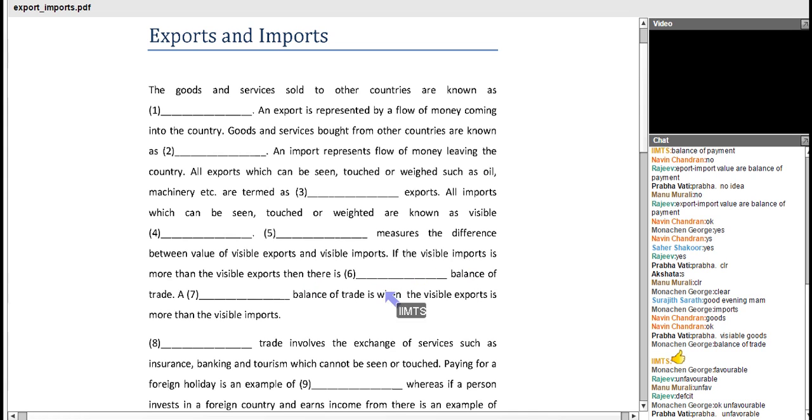The next is, we are on number 7 now. A dash balance of trade is when the visible exports are more than the visible imports. What is the answer over here?